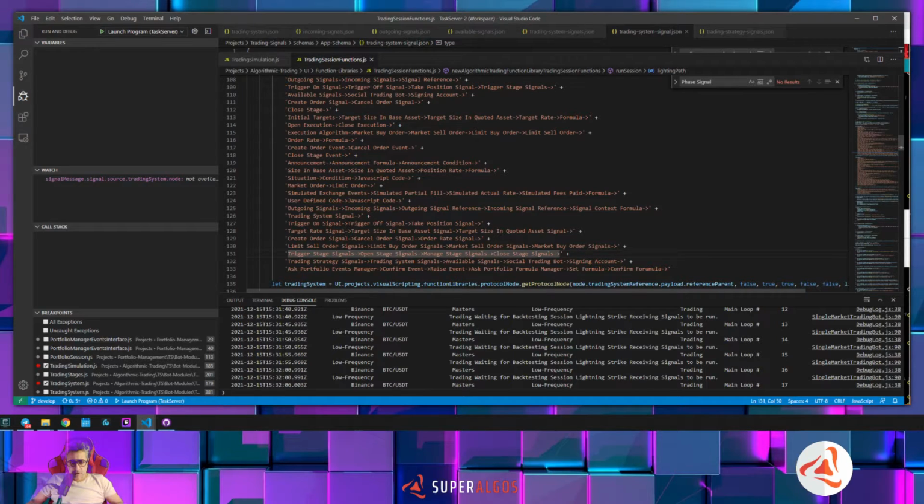We got trigger on signal, trigger off, target rate signal, target size in base asset, target, create order, cancel order, order rate, limit sell order, limit buy order, new market, trigger stage signals, open.